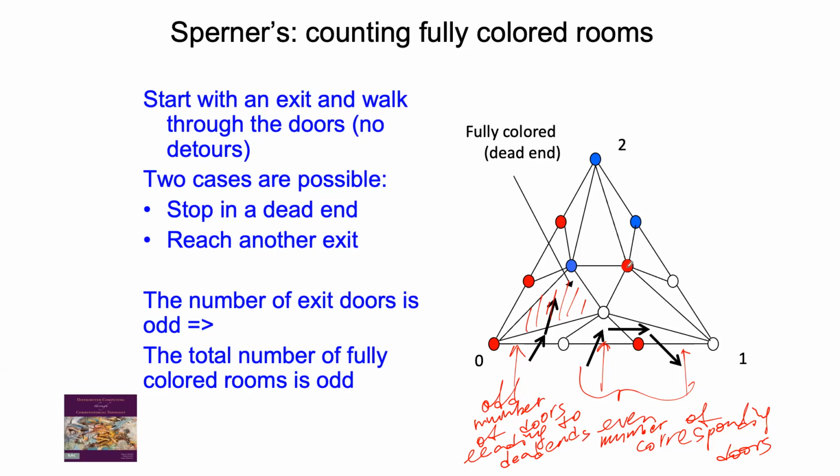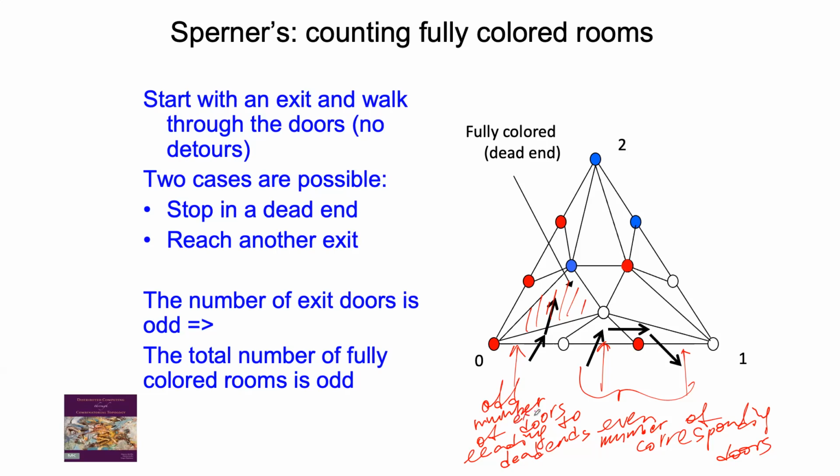But by changing the color here, what did I do? It somehow breaks my logic. I say, oh, okay, you have an odd number of dead ends because there's only an odd number of dead ends reachable from exit doors.